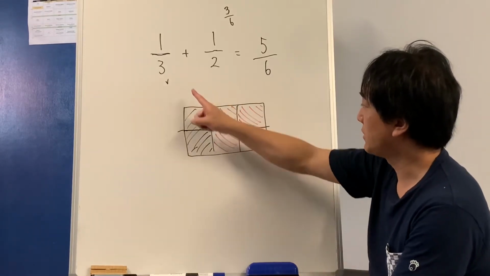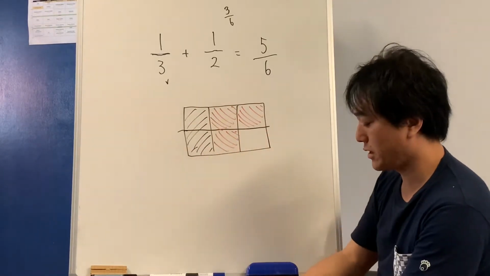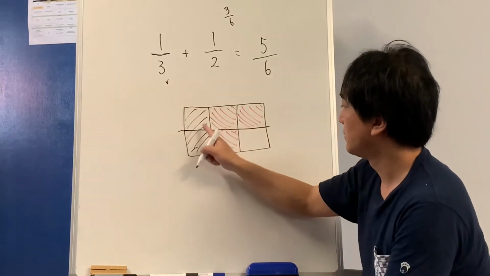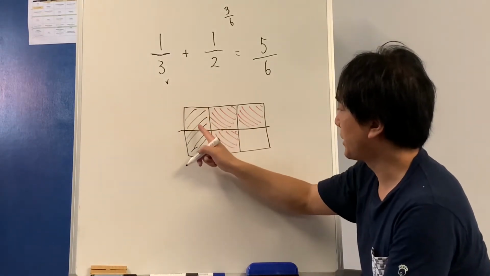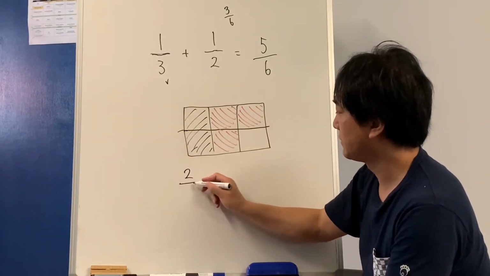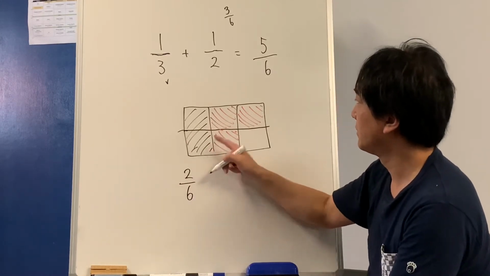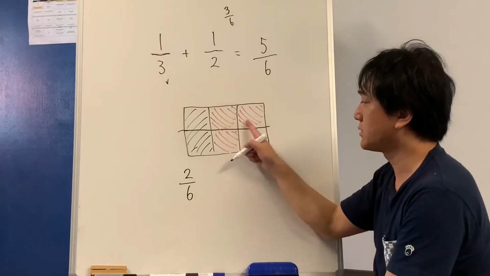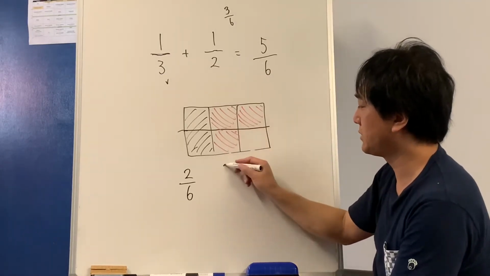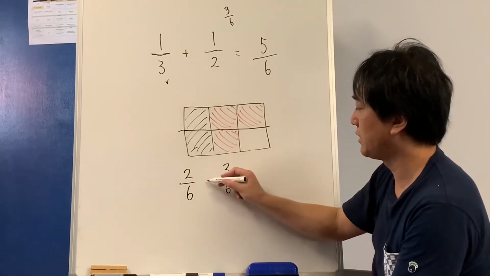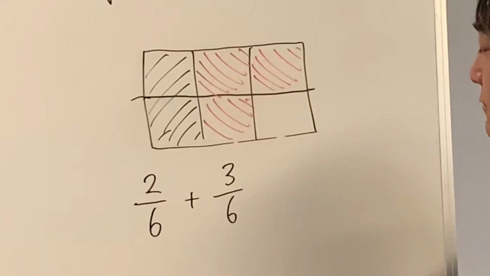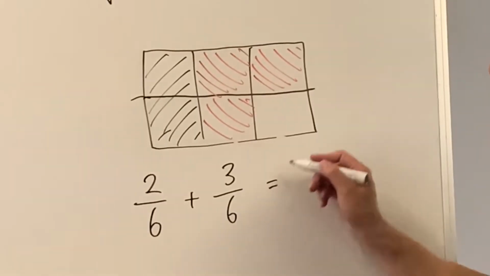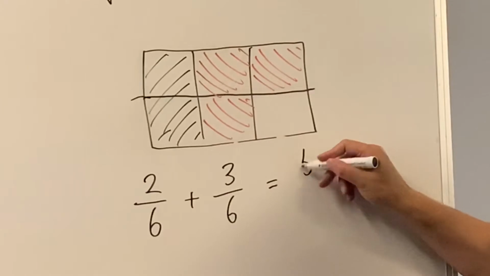When you look at this, I actually ate 1/3, but it looks like 2/6 of the cake. Then I ate 1/2 the cake, but you can see it's 3/6 of the cake we just ate. The answer is 5/6.